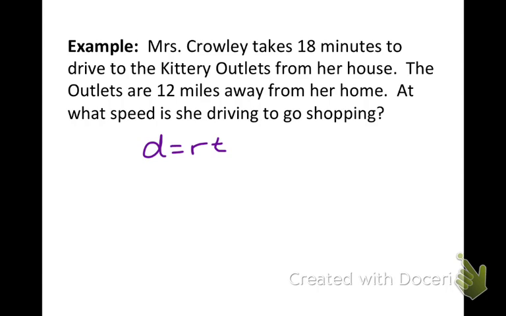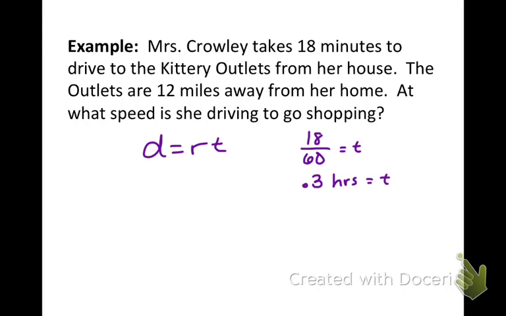It's a fraction of an hour. So if we do 18 divided by 60 to get to my t, what is that? Is that 0.3? So my time is really 0.3 hours to get there. Okay, so that's our t.